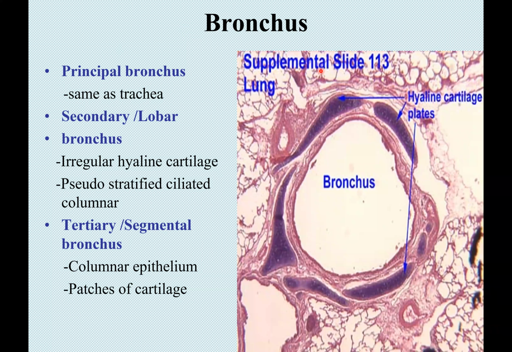But when we come to the secondary bronchus, the main difference you see is that the cartilage is irregularly arranged in the cartilaginous layer. So the cartilage is irregularly arranged.